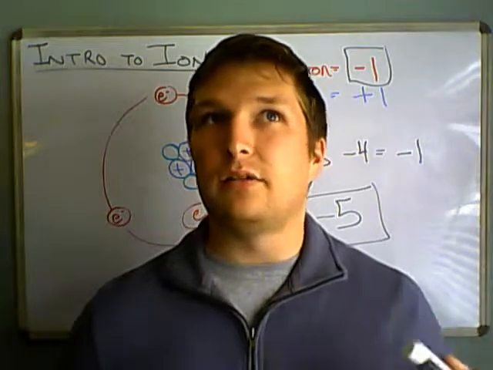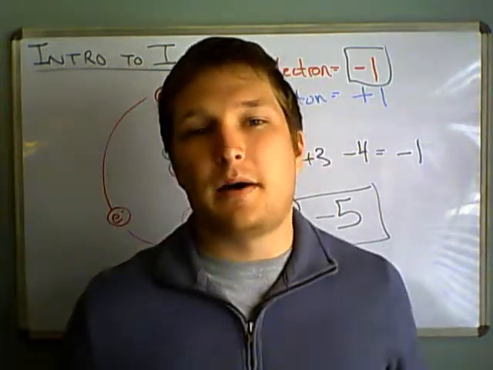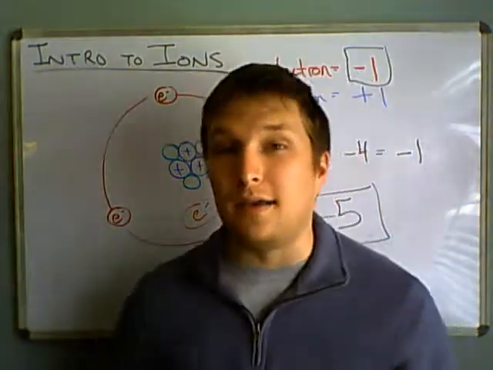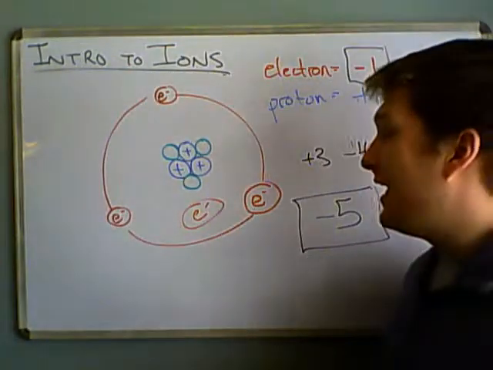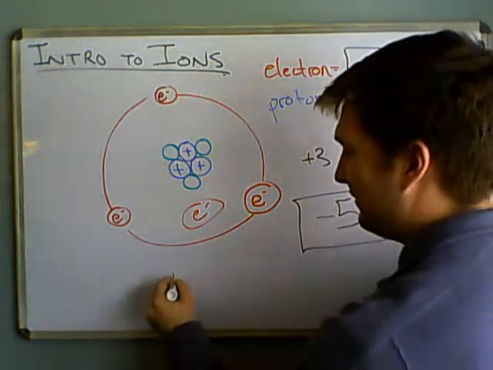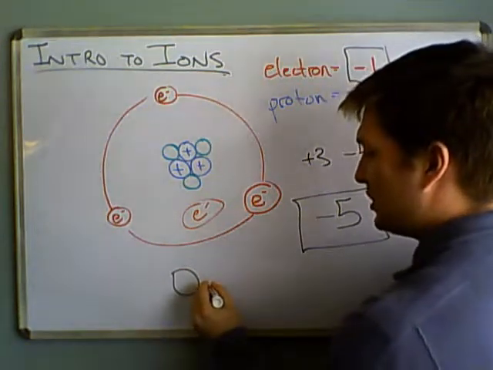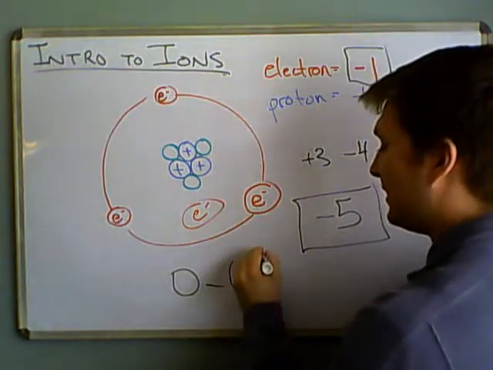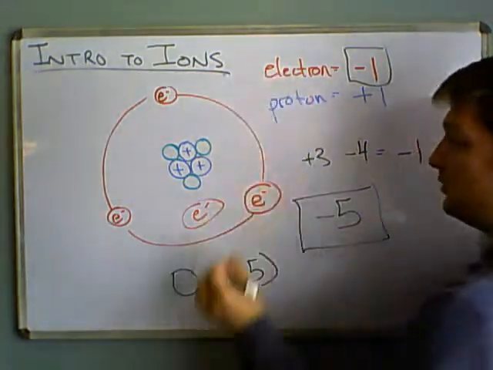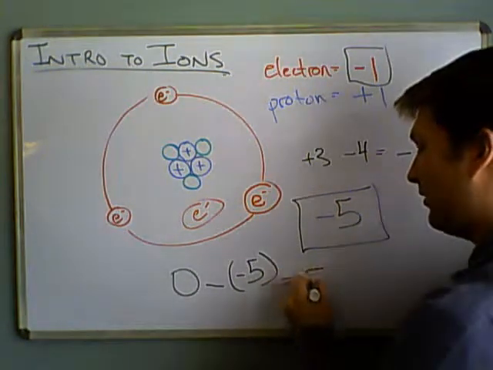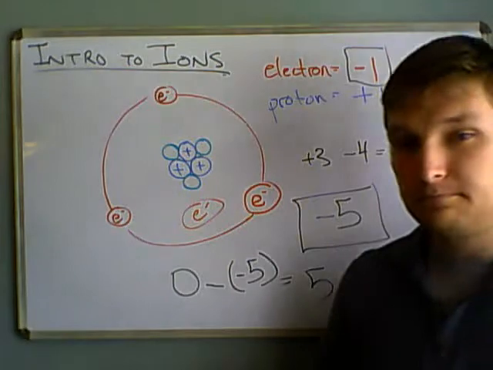Immediately you think, okay, you took away -5, so it must be -5. But no, because electrons are negative, if you take them away, you would have a charge of +5, right? Because if you have 0, and then you take away -5, which is what you're doing if you take away electrons, then you end up with +5.